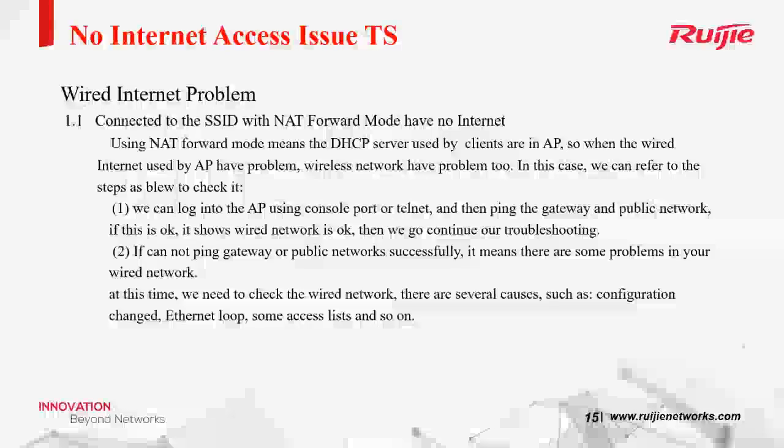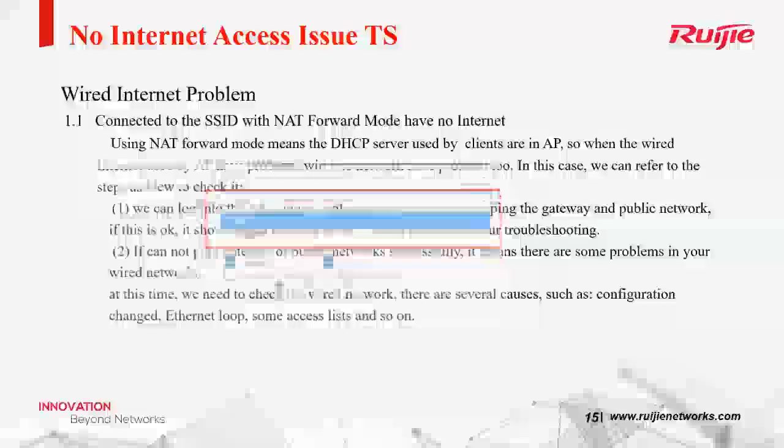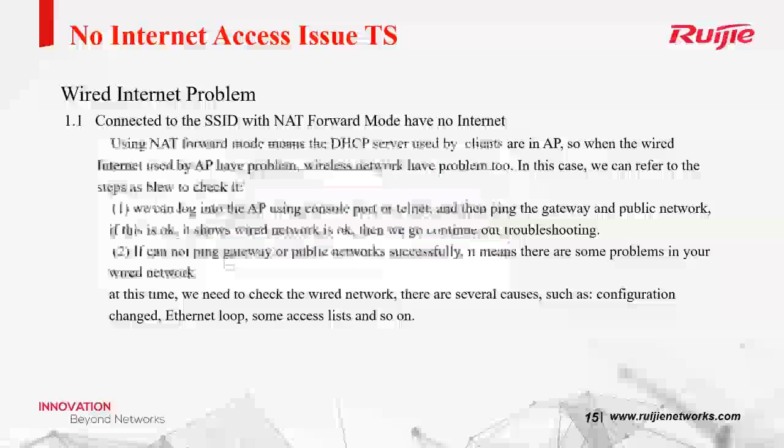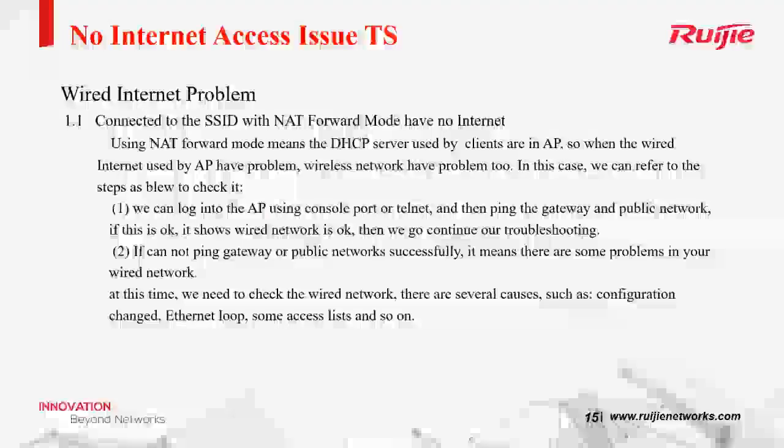If you connected to the SSID with NAT forward mode and have no internet, NAT forward mode means the DHCP server used by clients is in the AP. So when the wired internet used by the AP has a problem, the wireless network has a problem too. In this case, you can refer to the steps as below to check it.